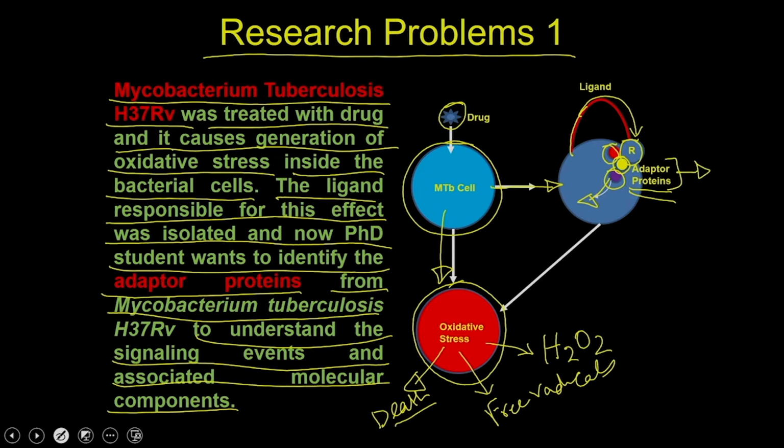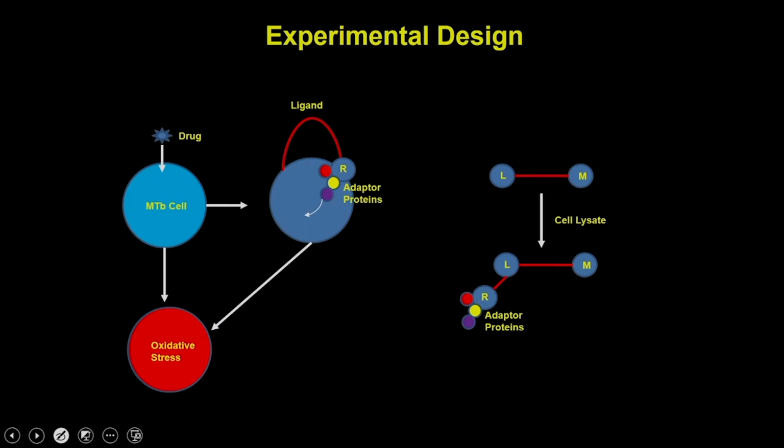Now, in the experimental design, the issue is that a ligand is produced which binds to this receptor, and the receptor in turn binds to the adapter protein. So, in the first step, you can generate an affinity column which contains the ligand coupled to the matrix, and then you take the bacterial lysate and incubate this whole complex with that.